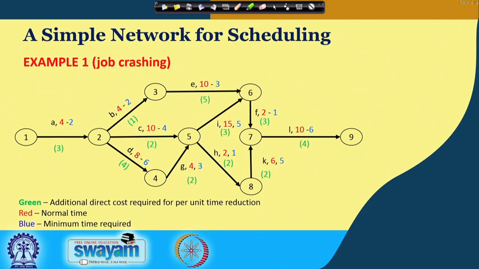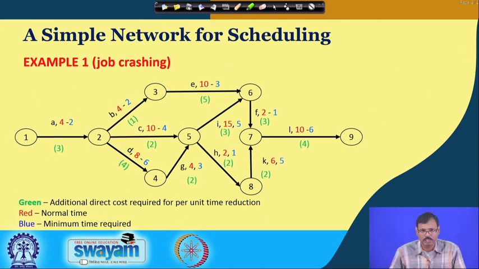So, whatever we have covered so far is that we know how to draw the network, we know how to identify the critical jobs in the network, we know now how to find out the early start, late start and early finish, late finish for a particular job, and based on that we can go for optimization of the costs also.